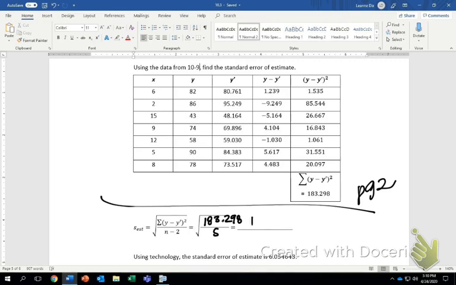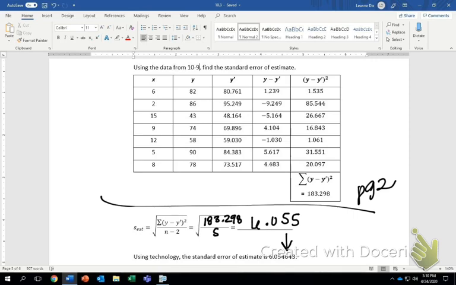And when we do it, it should give us 6.055, okay? And if you use a calculator, because you can use your calculator, again, you would have to go stat, tests, and then you would go down to letter F. This should give you the same idea again, but you can get a more specific answer. And again, when you're rounding, it should all equal pretty much the same thing anyway. So we found our standard error of estimation.